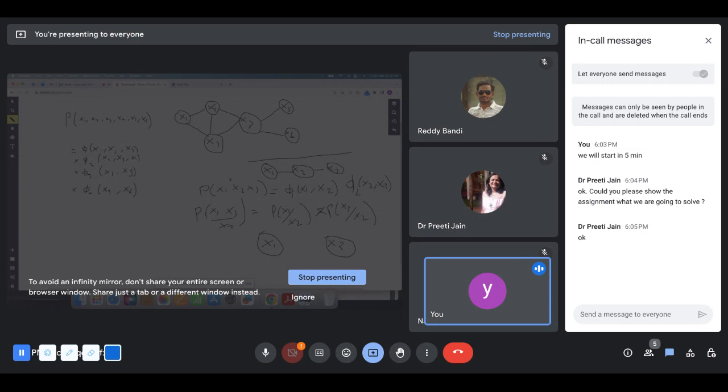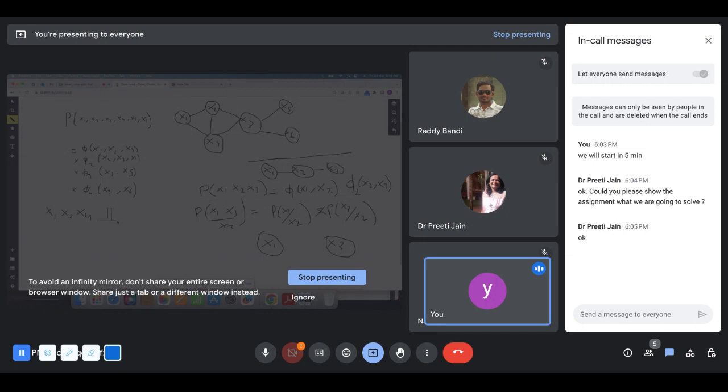So whenever you have some path, if the path is blocked by some node, then the other nodes are independent once you observe that node. In this case, if x3 is given, then x1, x2, x4 are independent of x5 and x6.